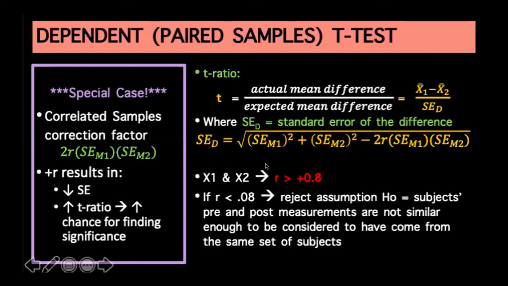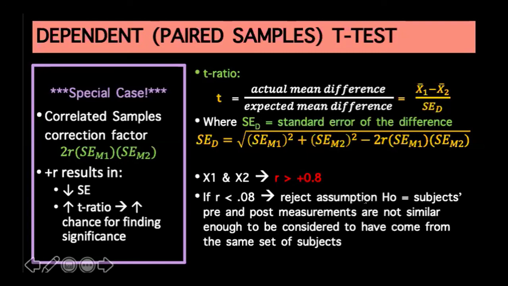Whenever we look at this, you'll get a correlation coefficient section in the output. You just want to make sure that that R value is greater than or equal to 0.8, indicating you have a strong positive relationship, okay? If R is less than 0.8, you reject the assumption.